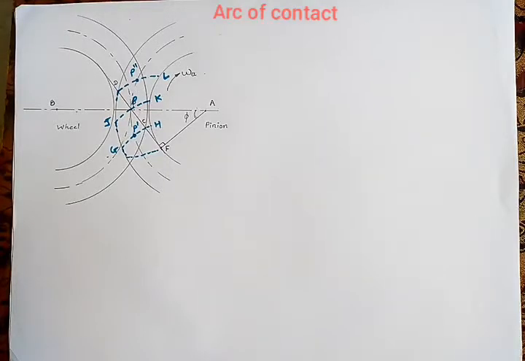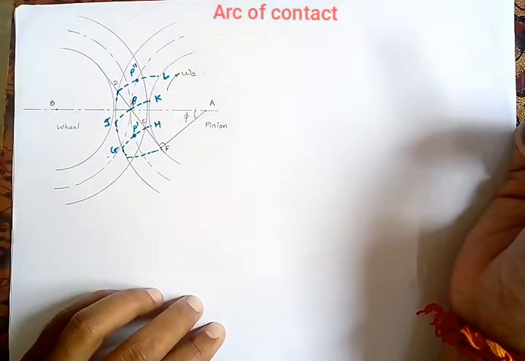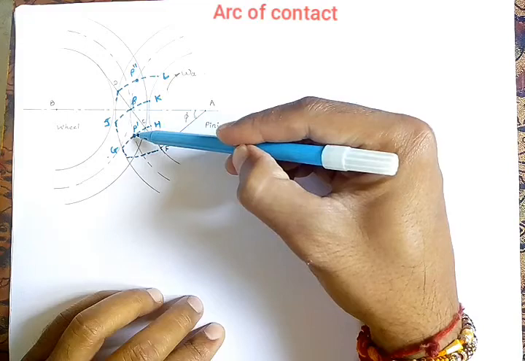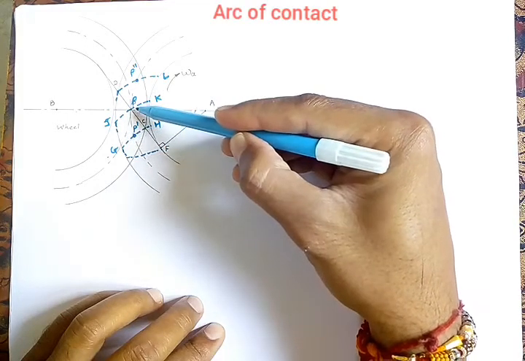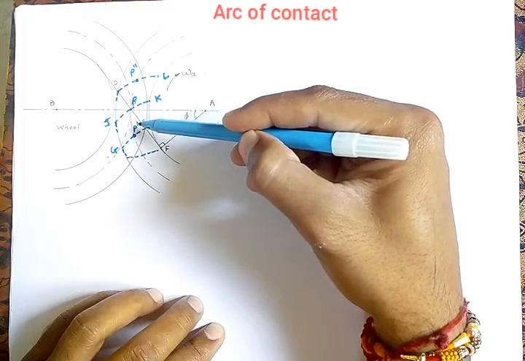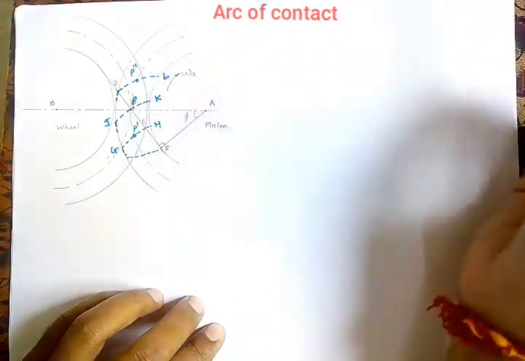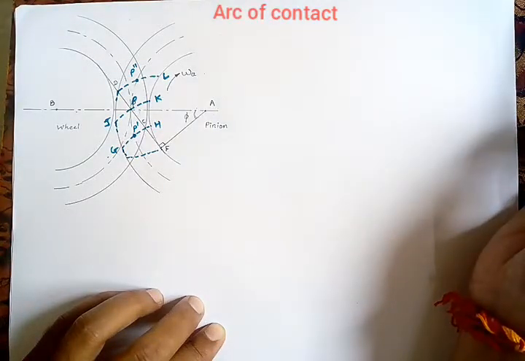So we want to find the relation or the equation for this arc of contact. The arc of contact has two parts. The arc P dash P is called the arc of approach, and the arc P P double dash is called the arc of recess.